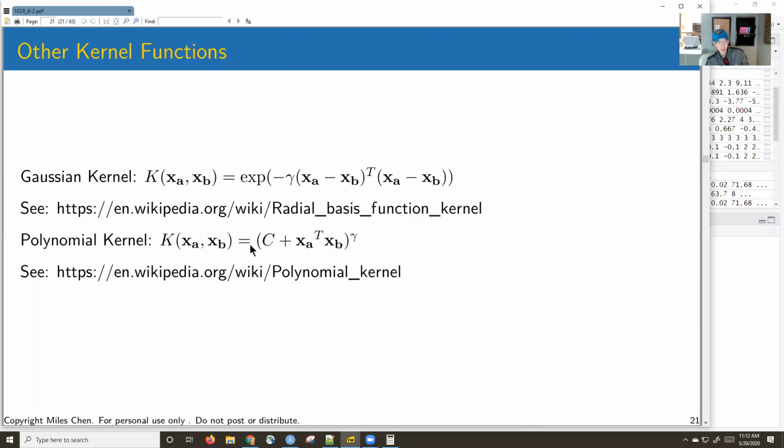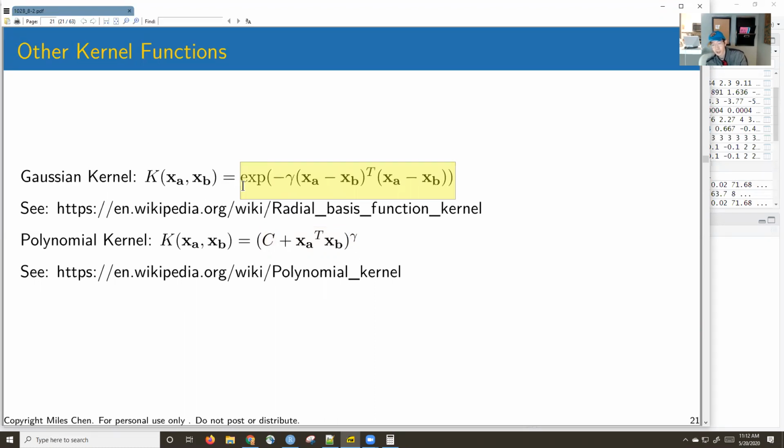So we have other kernels. The polynomial kernel, which we saw on the previous page, in the general form lets you use any constant c and any constant gamma. Then we have the Gaussian kernel, also known as the radial basis function, and it looks like this.